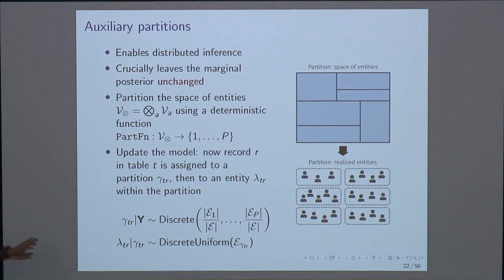The way that this works is we look at the conditional distribution of the partition given the latent, so this is going to be some discrete function of this. Then for this next step, we look at the linkage structure given the partition, which is going to be discrete uniform in terms of eta given the partitioning structure. So why this? Well, it's going to take the partition space of entities to the actual realized space of entities.